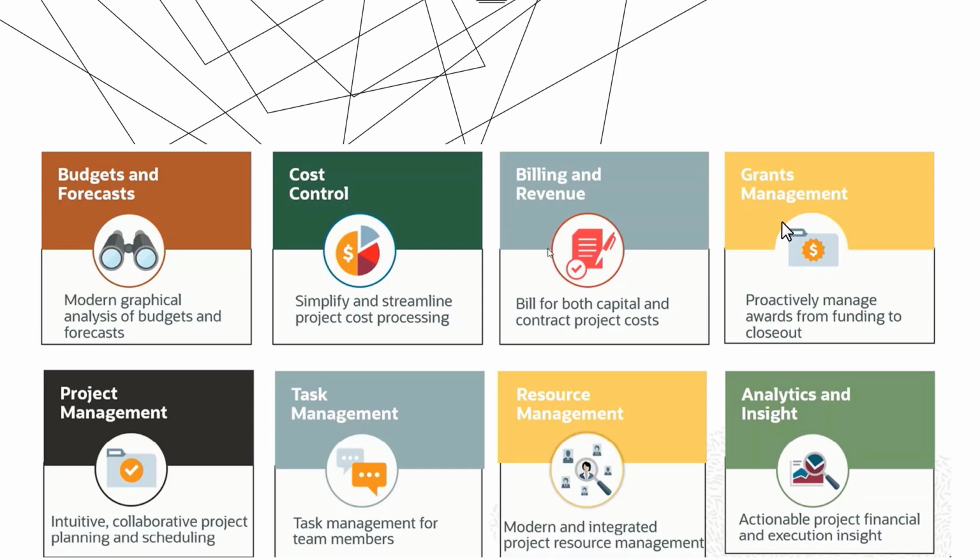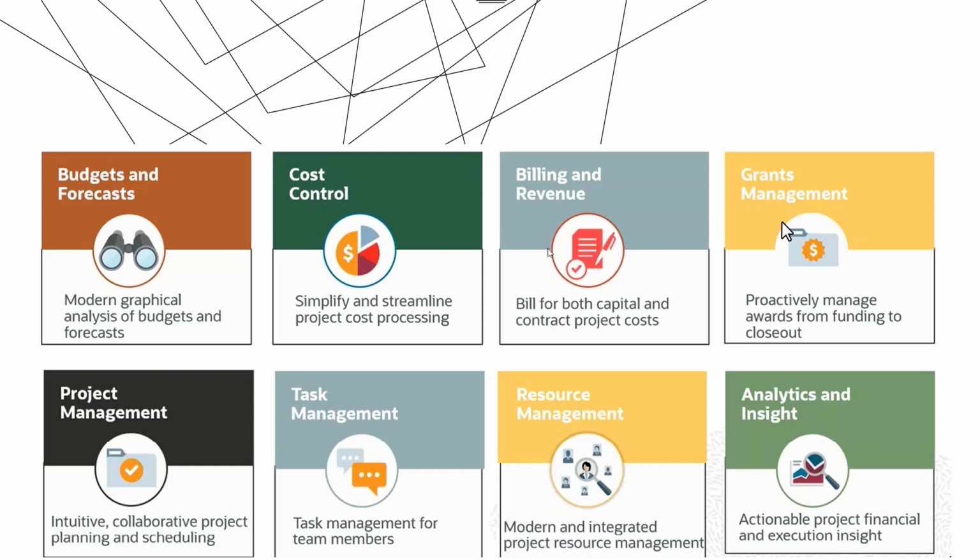Then comes the other aspect of project management. Management can be broadly classified into two aspects. One is financial management, the other one is execution management. They go hand in hand, but they are a little independent. In fact, organizations can choose one of the aspects to be managed inside Oracle Fusion, and the other aspect they can do outside of Fusion also.